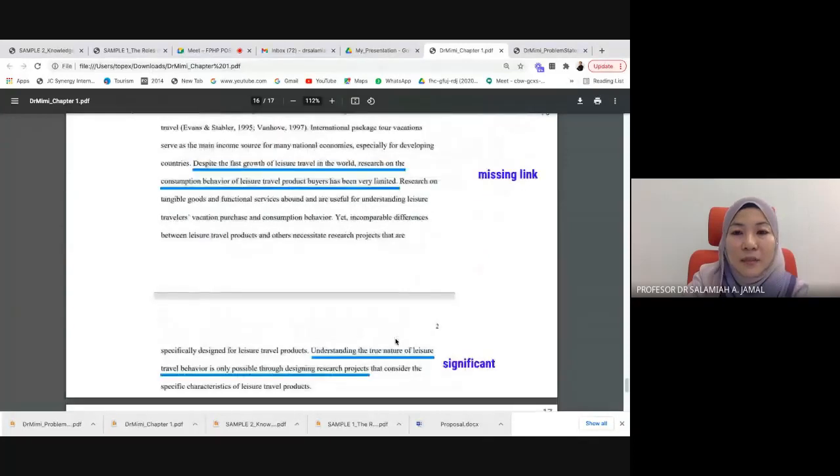And then in terms of missing link, this is how they write: despite the fast growth of leisure travel in the world, research on the consumption behavior of leisure travel product buyers has been very limited. So we can see that this is the gap, or the issue that makes them want to do the research.